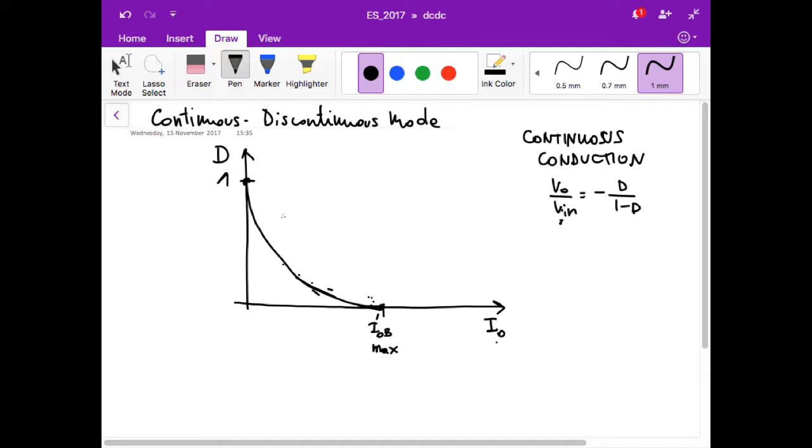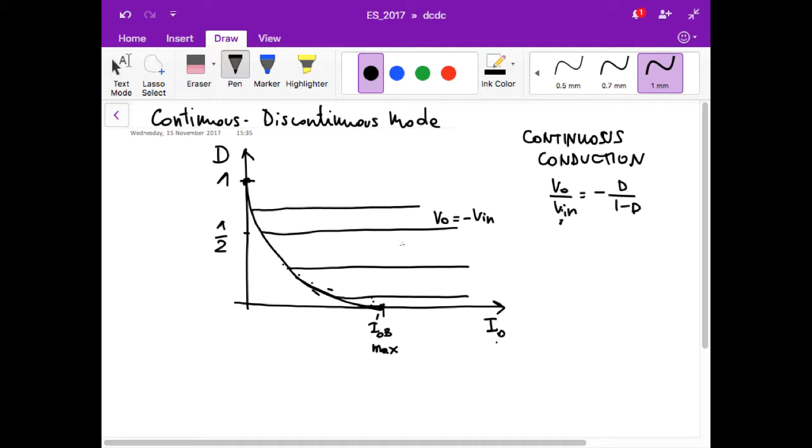And therefore, in continuous conduction, D is independent of IO. So we have a horizontal line. For example, when D is equal to 1/2, let's assume this is 1/2, here we have VO is equal to minus V in. And all these other lines correspond to different values of VO. But again, the important thing is that these lines are horizontal, because D is independent of IO.